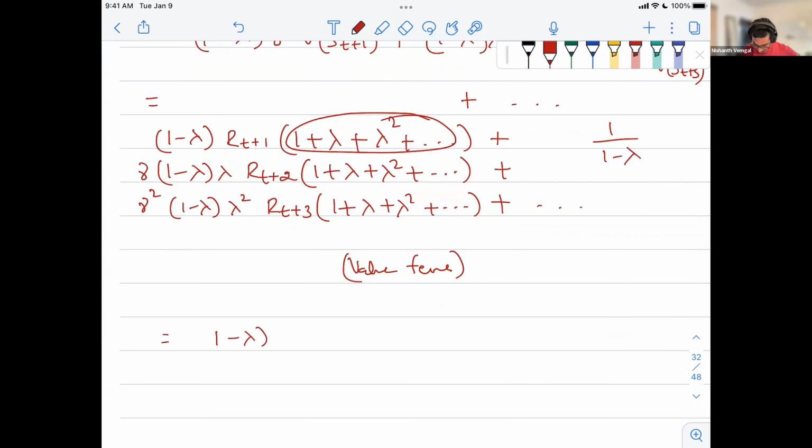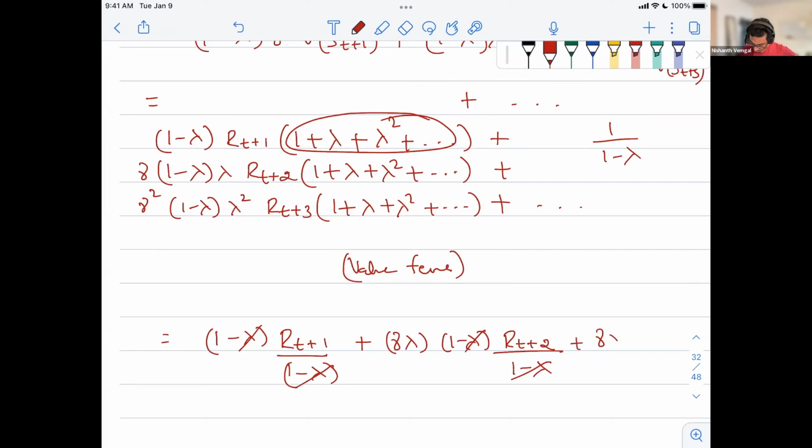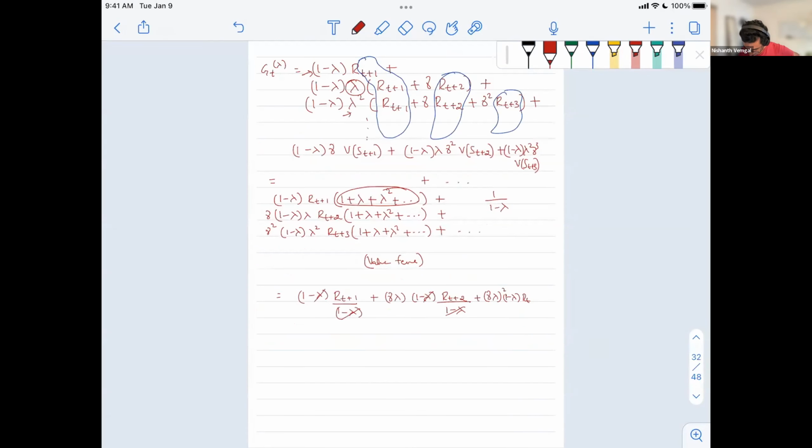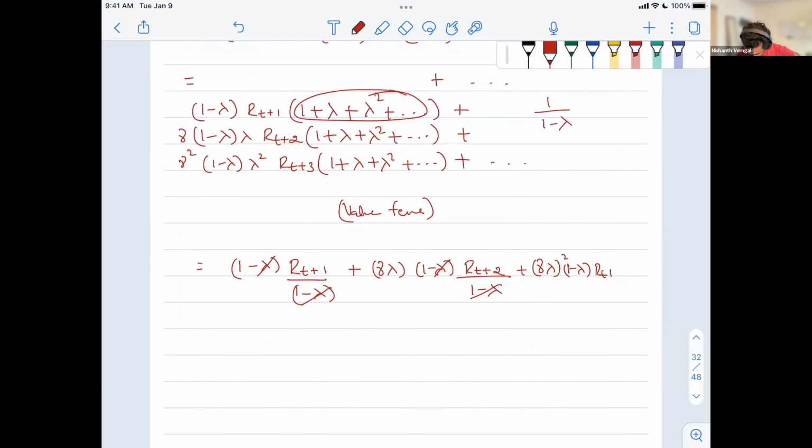So what I'll have is 1 minus lambda R_{t+1} or 1 minus lambda, plus gamma lambda times 1 minus lambda R_{t+2} or 1 minus lambda, plus gamma lambda square 1 minus lambda R_{t+3} or 1 minus lambda, and so on.